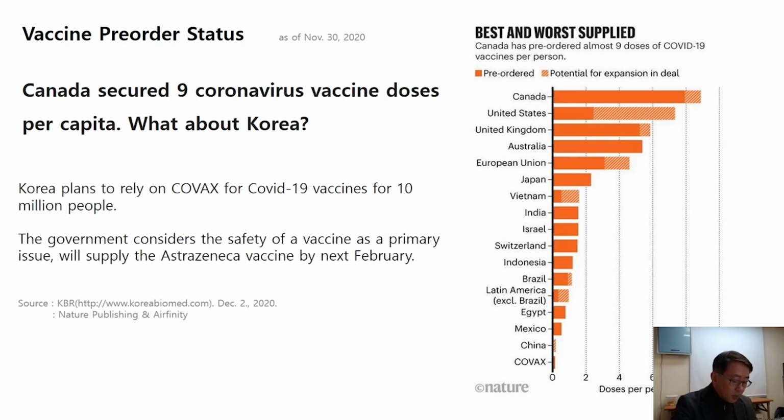Despite these progresses in other countries in vaccine development, Korea remains behind and is in the middle of negotiating for several vaccines from AstraZeneca and Pfizer and also Moderna.